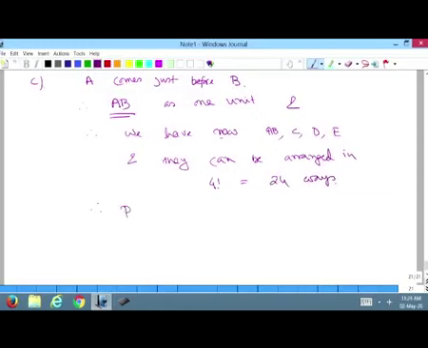Therefore, probability is equal to 24 upon 120, which is equal to 1 upon 5. Answer.